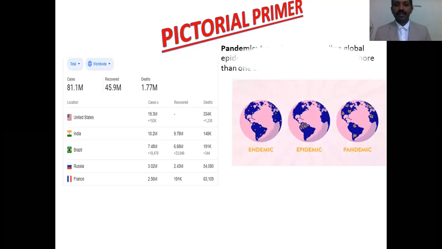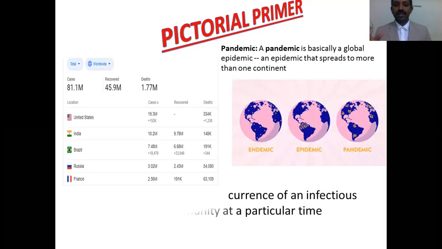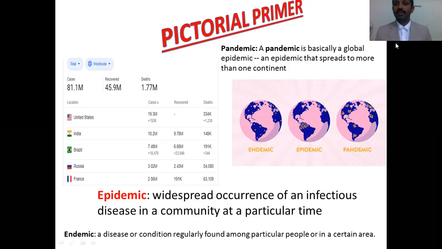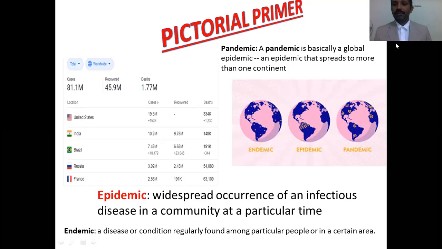In today's article, you can see three words which are very critical to understand the article. That's pandemic. As you all know, what is pandemic? Pandemic is a disease or condition which is globally present at that moment.